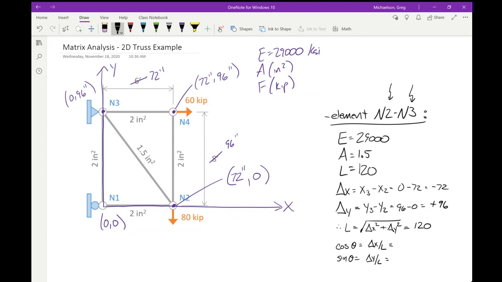I mean, you got a triangle. Here's the angle, delta y, delta x, L. Adjacent over hypotenuse, opposite over hypotenuse, right? So what do we have? Negative 72 over 120, positive 96 over 120. Anybody have an answer for those?